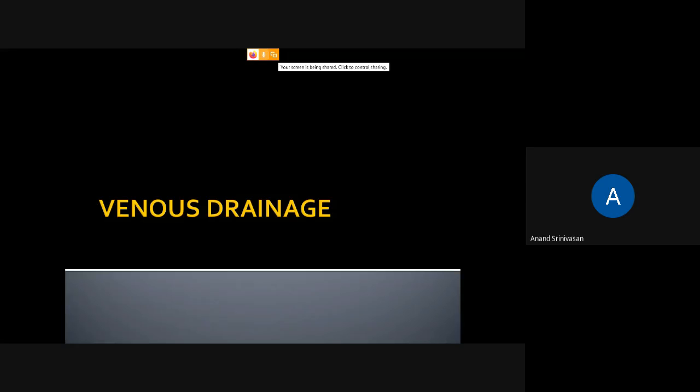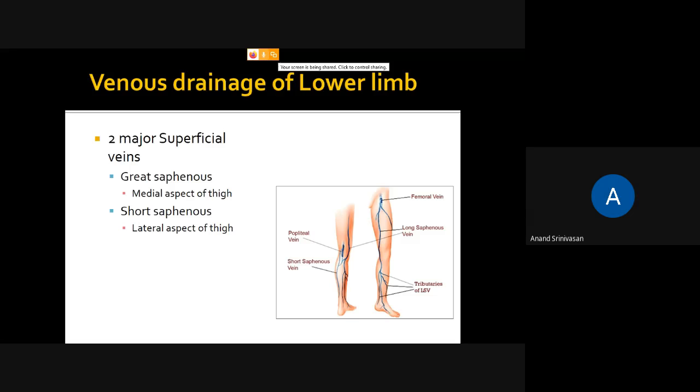The arteries, the blood arises from the heart, goes into the aorta and then to different parts of our body. But in veins, the impure blood starts from the peripheries and then goes into the heart. So we are going to see from the peripheries, that is from the lower limb, upper limb, and finally how it drains into the heart.